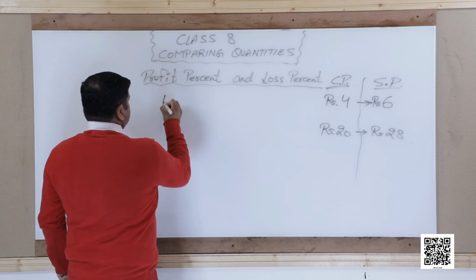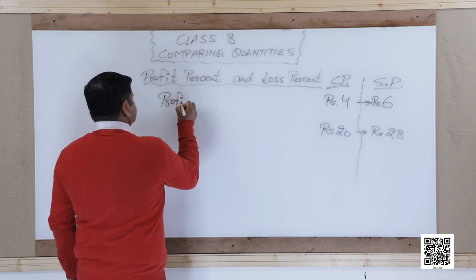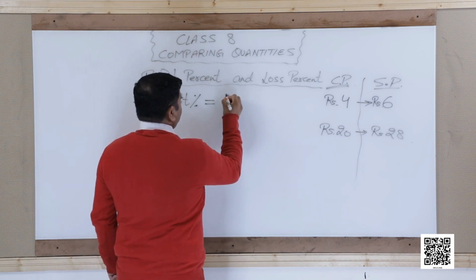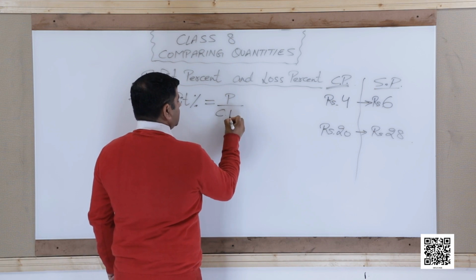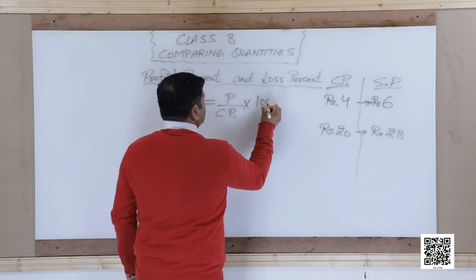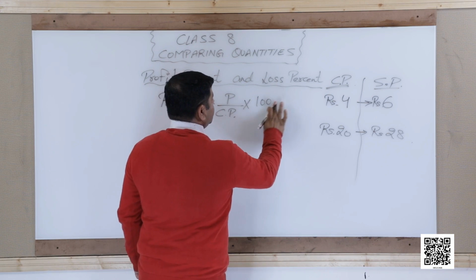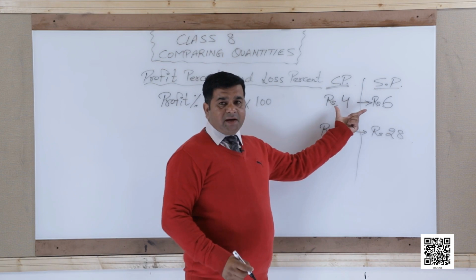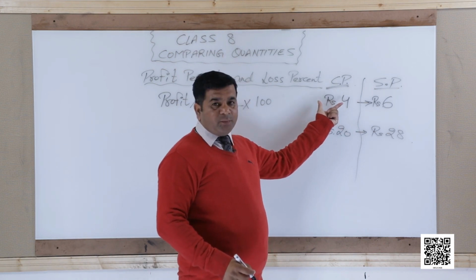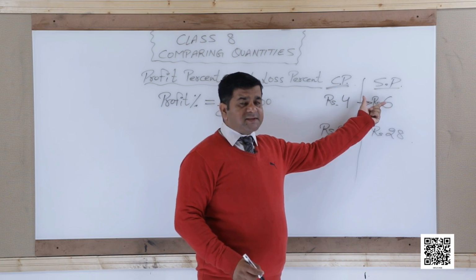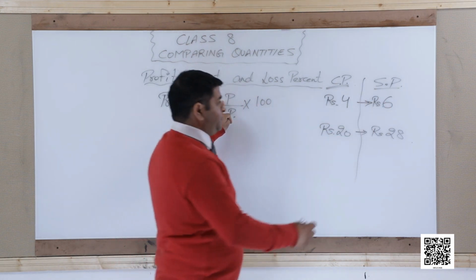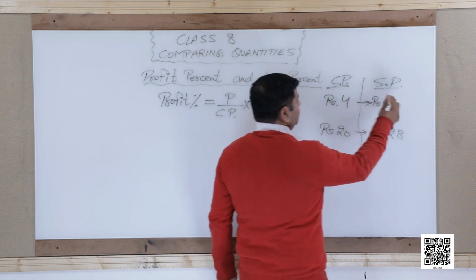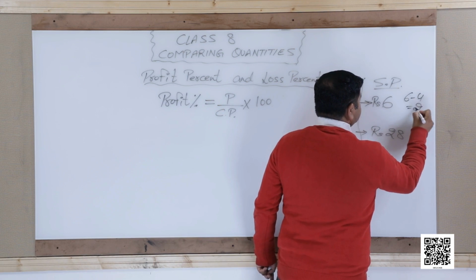See, profit percent, we write it like this, is calculated as profit upon cost price multiplied by 100%, or in the formulae we write 100. Now see, here we purchased the item for rupees 4 and sold it for rupees 6. So what is the profit? Profit is the difference of selling price and cost price, that is rupees 6 minus 4, which is rupees 2.